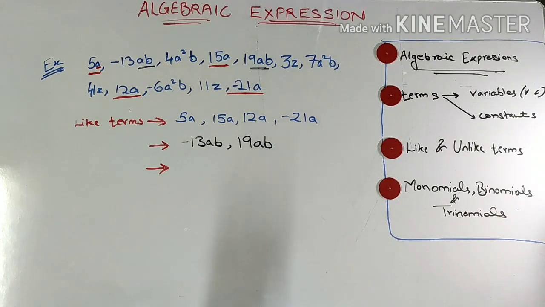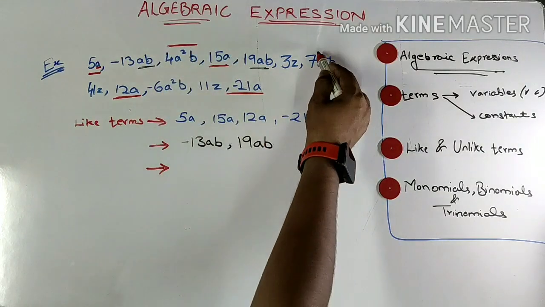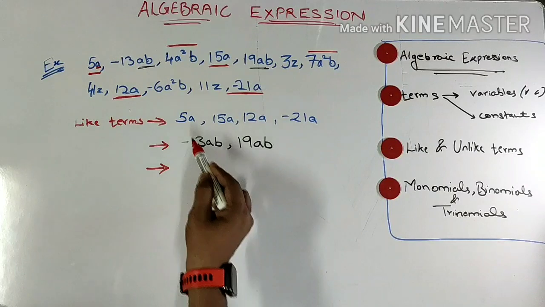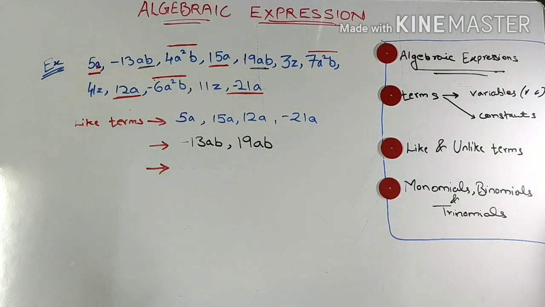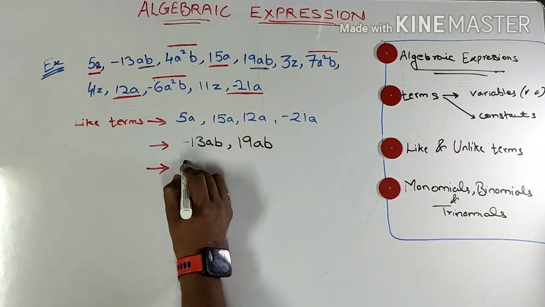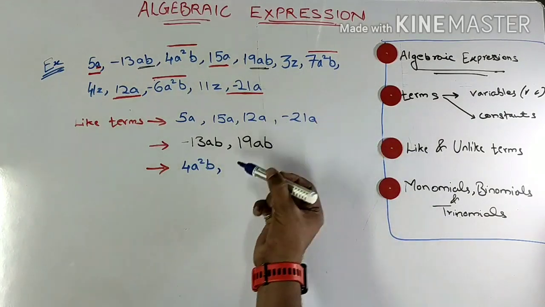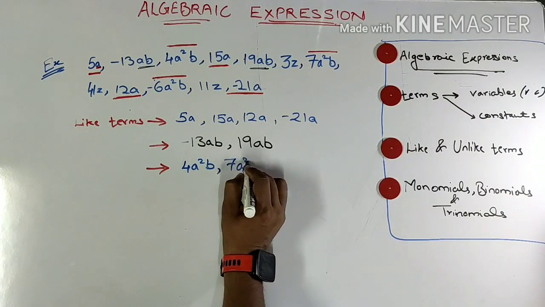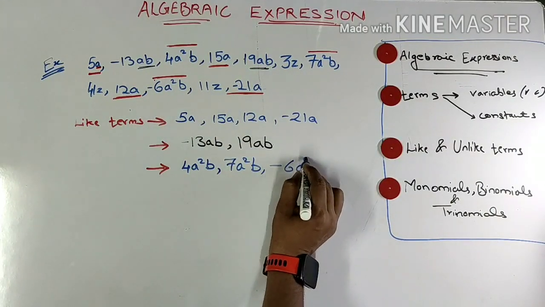That is a square b. a square b, a square b, a square b. Any other term with variable a square b? No. So I'll just write it: 4a square b, comma 7a square b, comma minus 6a square b.